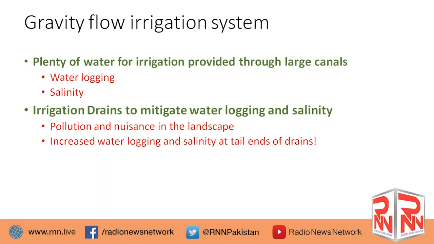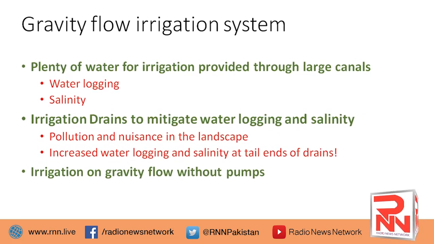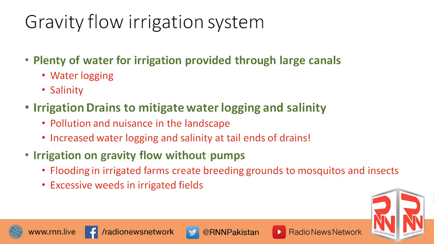We thought that doing irrigation on gravity is a very efficient way of doing irrigation because you don't have to pump the water. So the cost of pumps and everything was not there, water was automatically flowing. But this created breeding grounds for mosquitoes and other disease vectors. The flowing water on the surface brought a lot of seeds of the weeds, and the farmers really struggled in order to keep their fields free from weeds.